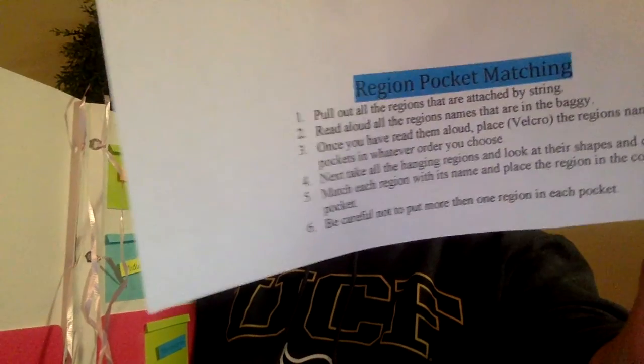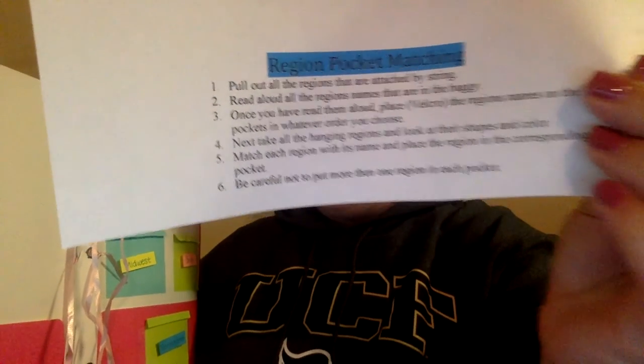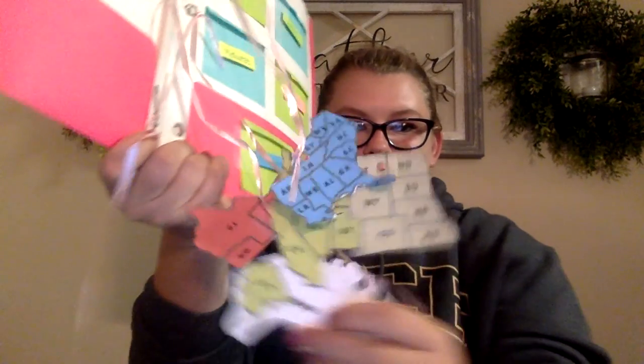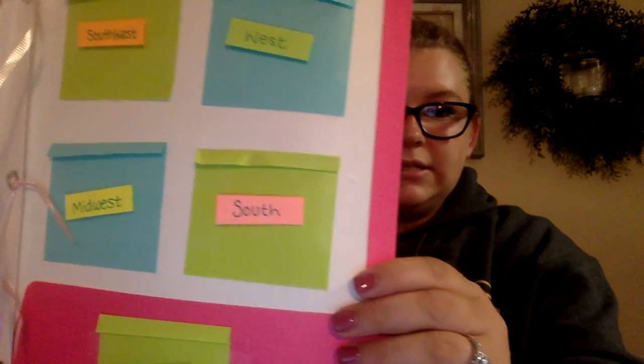Here are the directions for them. Basically, they're going to be pocket matching. Pocket matching means these are the 5 regions that are hanging down for them. They're the shapes, and they don't have the names on them. They have to match these shapes that they learned about in the lesson with the regions.